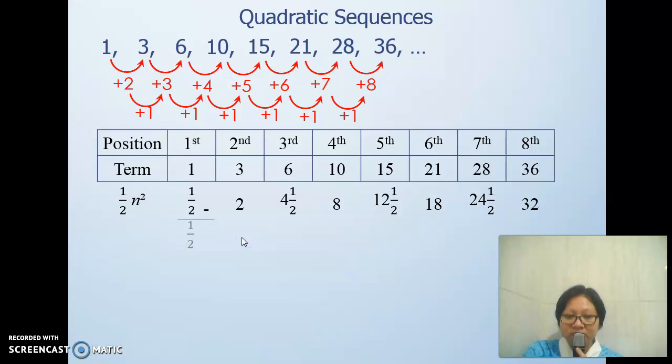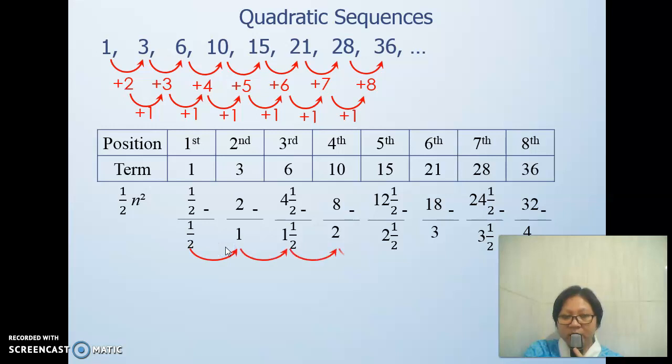You then find the difference. And the difference here is not a common difference. So the difference here is making a sequence. So we can find the common difference. The common difference is half. So this is sequence inside sequence, so to say.